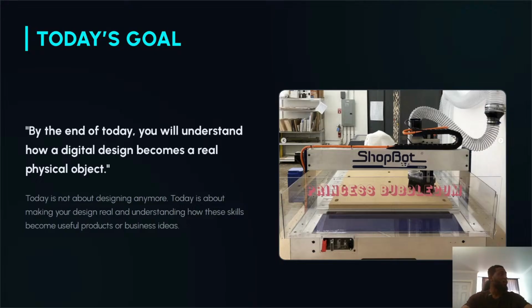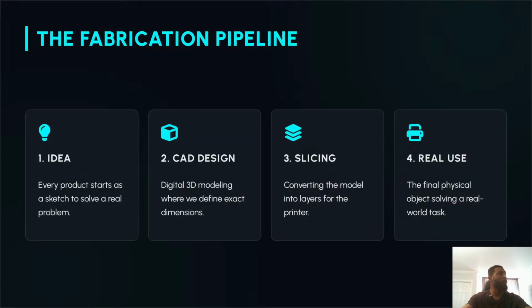As I said, we are going to understand the physical relation between 3D modeling and the economics part of it. So understanding what comes after you've made the physical object is the goal of today.